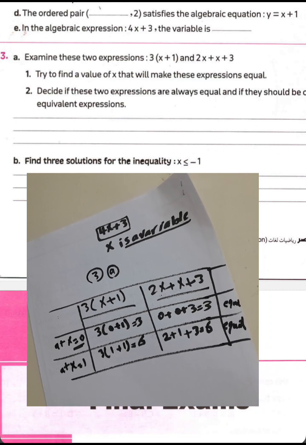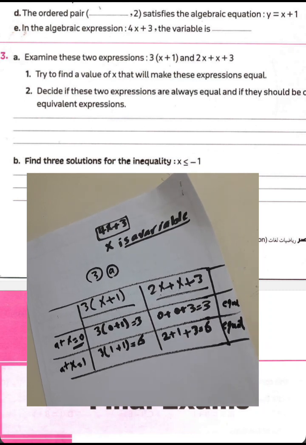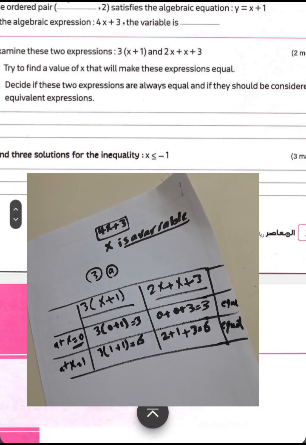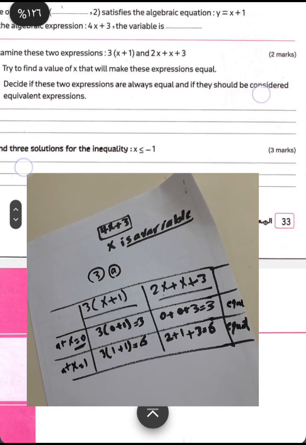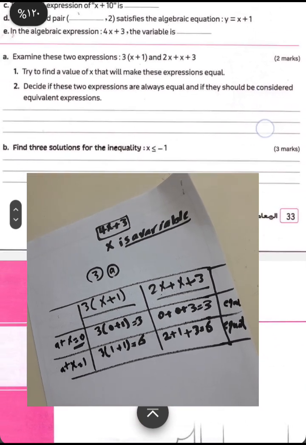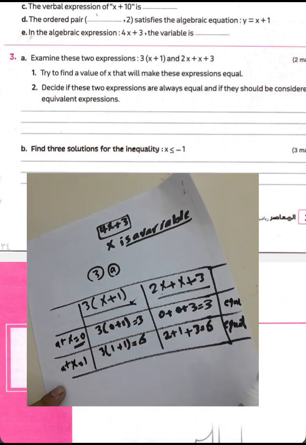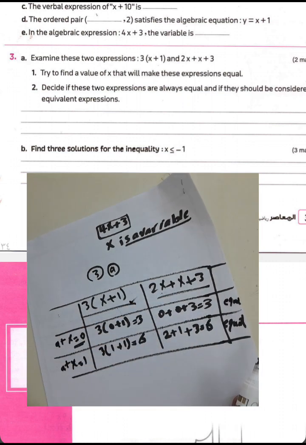Question number 2, decide if these two expressions are always equal and if they should be considered equivalent expressions. We know the first expression equals the second expression if x equals 0, 1, 2, 3, and so on.